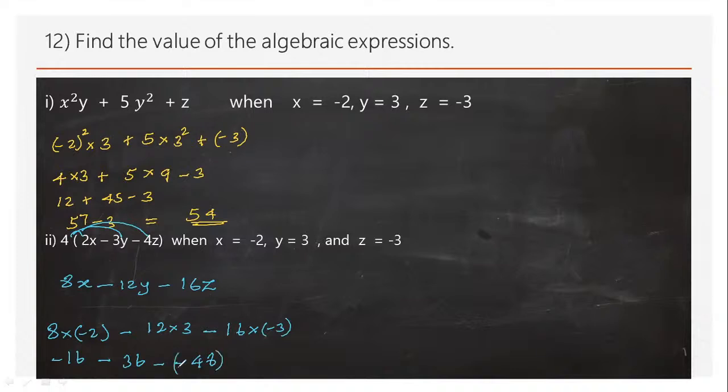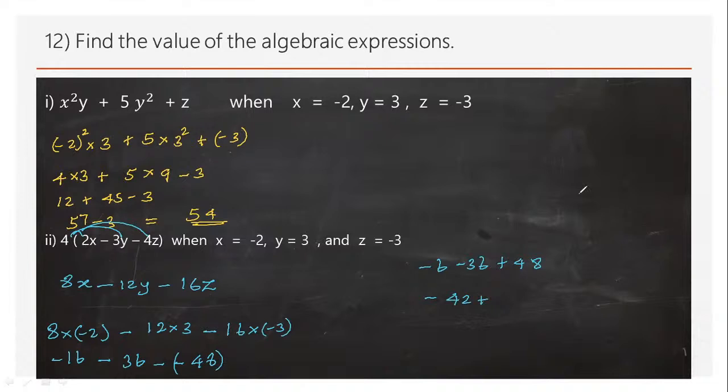So minus in minus, that is becoming plus. Minus into minus positive. So you can write here minus 6 minus 36 plus 48. Minus 6 and minus 36, minus 42. Plus 48.